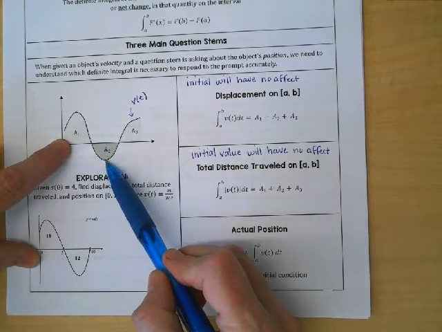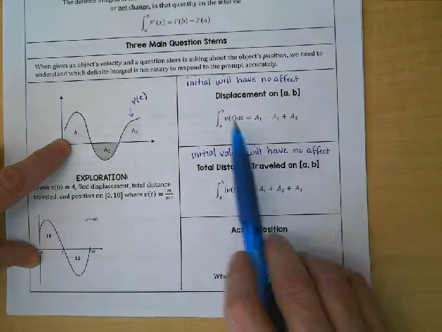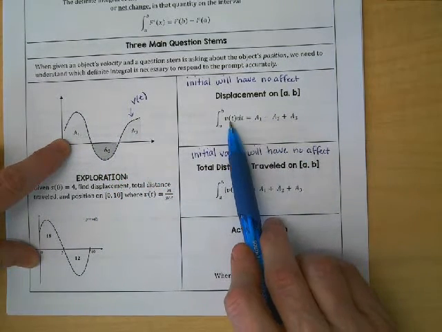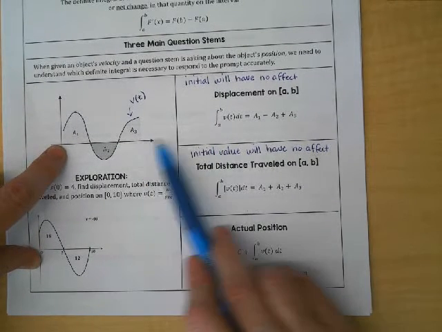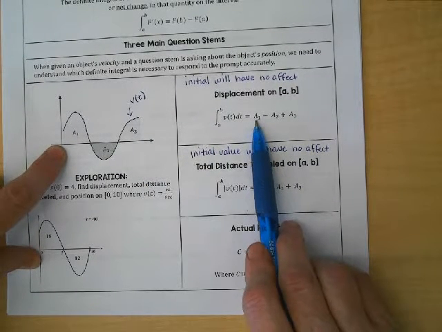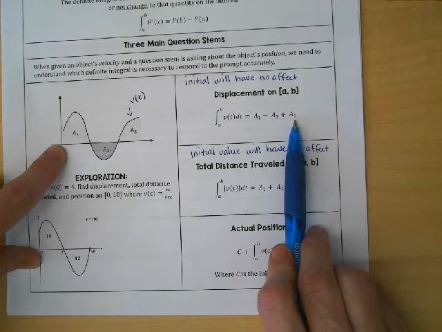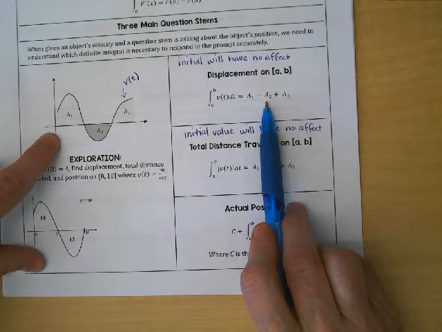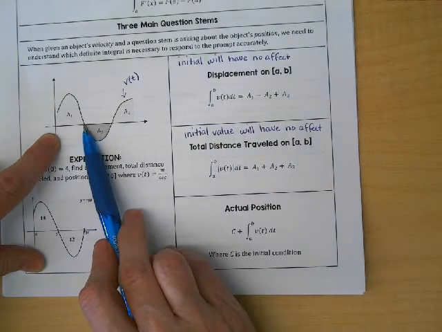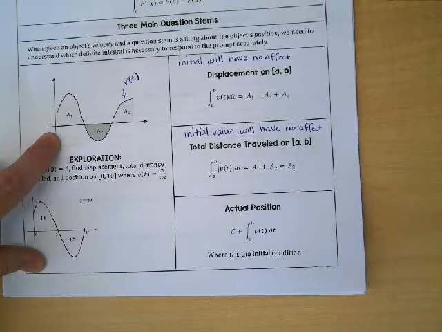Now the velocity is negative, it's moving to the left, and now it's moving to the right. So if we want to find the displacement on some interval, we would add A1, subtract A2, add A3. This is going to be important because eventually we're going to have to look at where these things are negative if we want displacement.